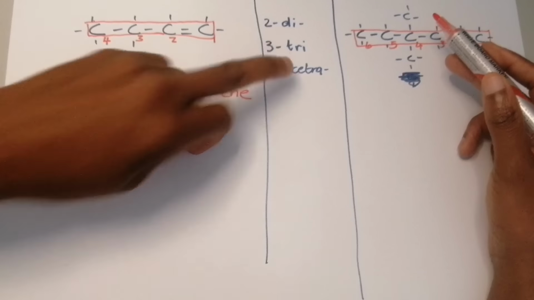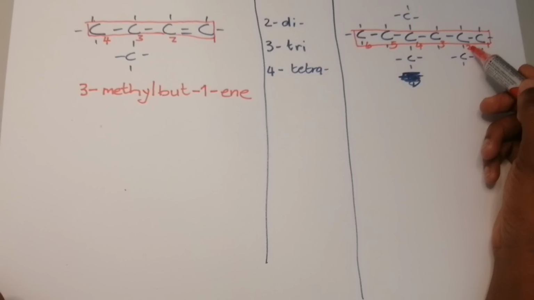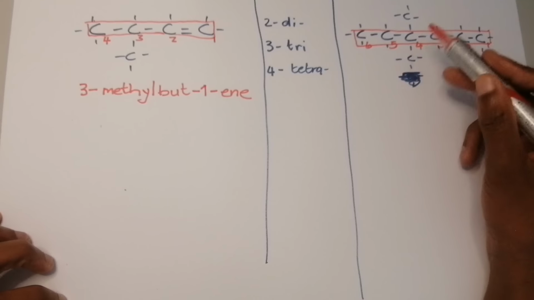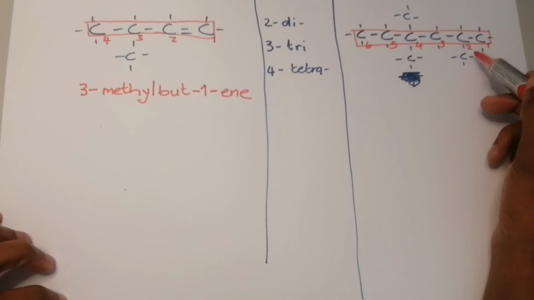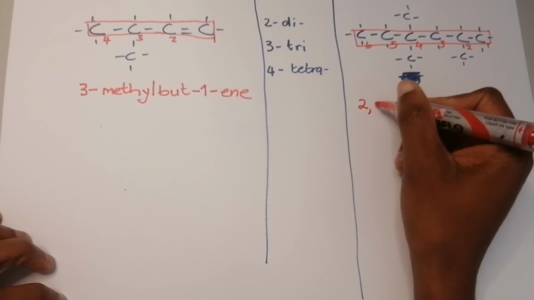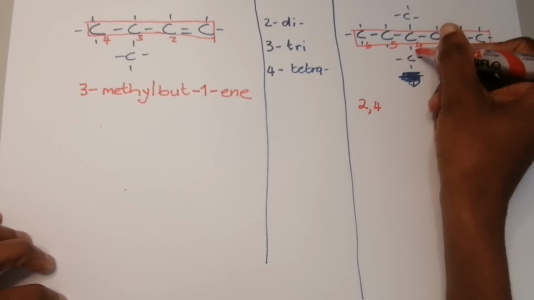So I'm going to say at carbon number 2, and please note, when you've got 2 or more of the same things, you won't say 2-methyl, 4-methyl, 4-methyl. So in this case, all we simply do is to say 2, 4.